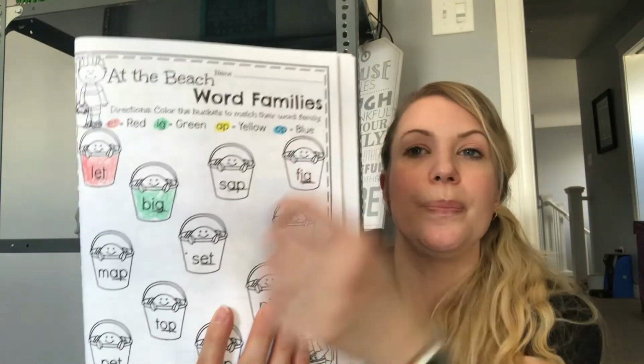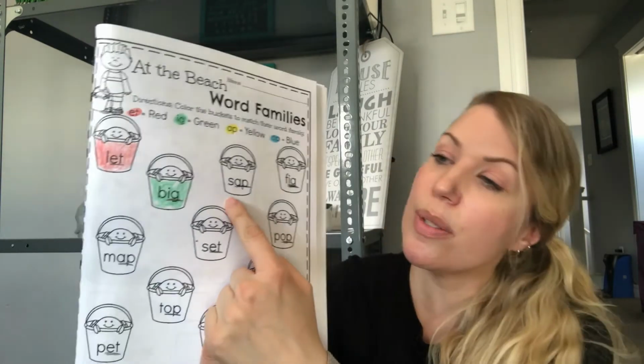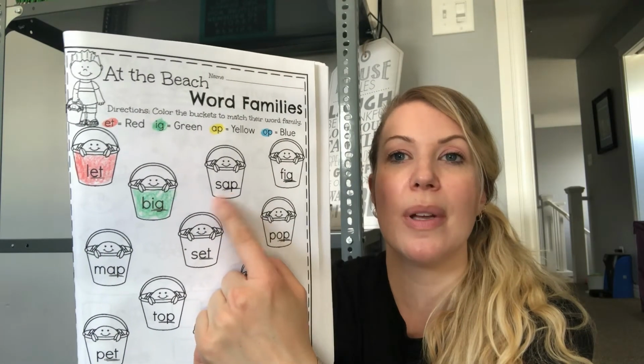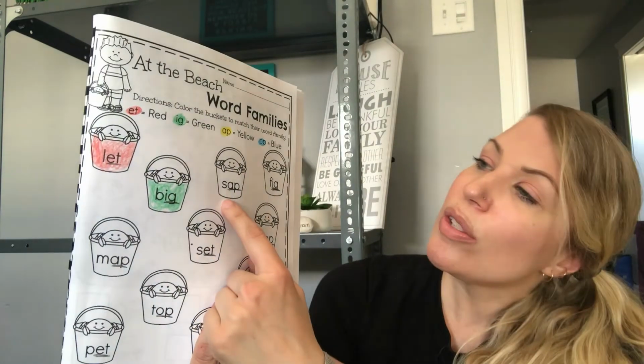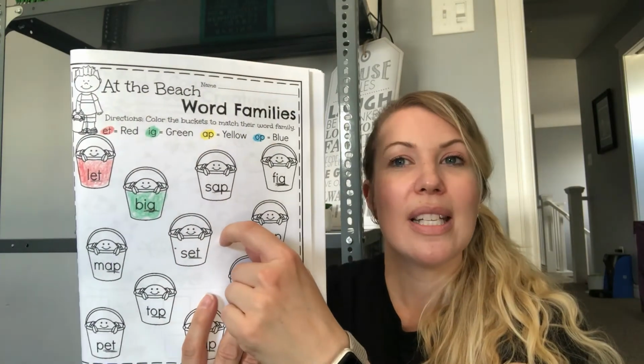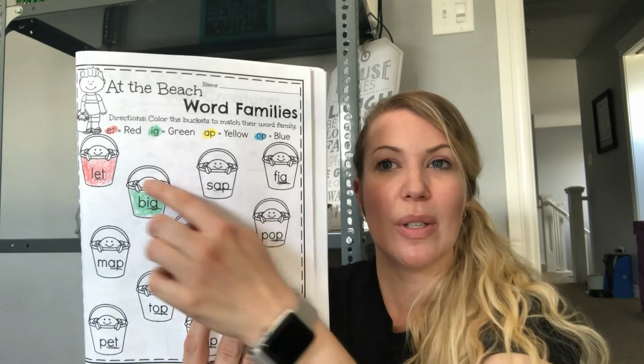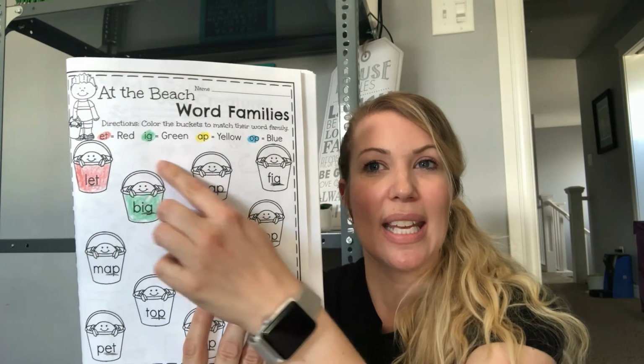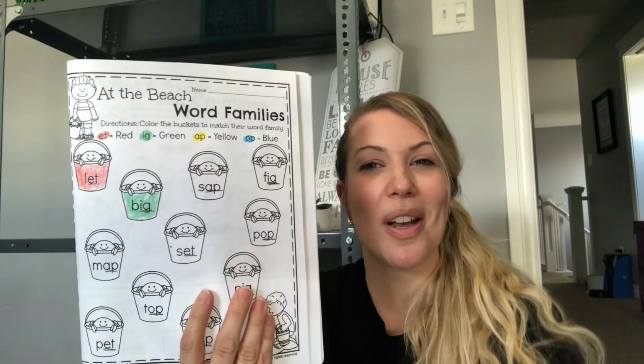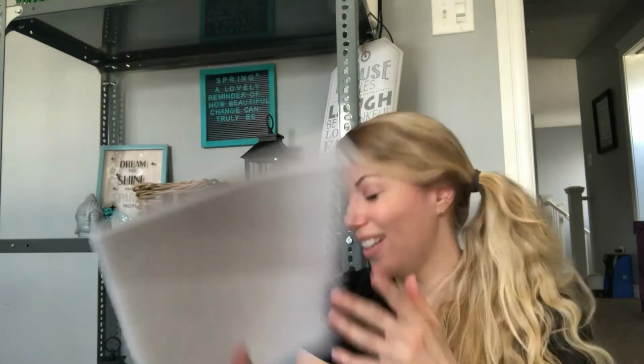Good. Okay, so we have 2. Let's look at this word, S-A-P, sap. So what color is our app word family going to be? So we've had et, ig, and now app. So what color are we going to do it? Yellow. Way to go. Good job.